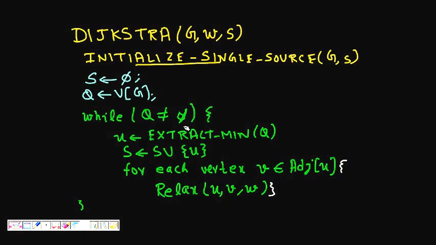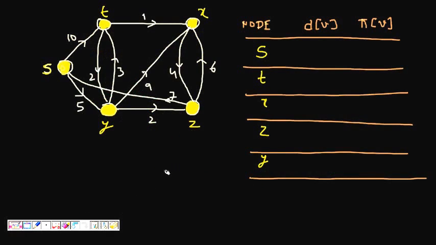We extract the smallest node first and put it in S. Then, for each node v that is adjacent to the u just extracted, we try to relax it. So from u we relax all the other adjacent nodes. We will apply this on this graph.